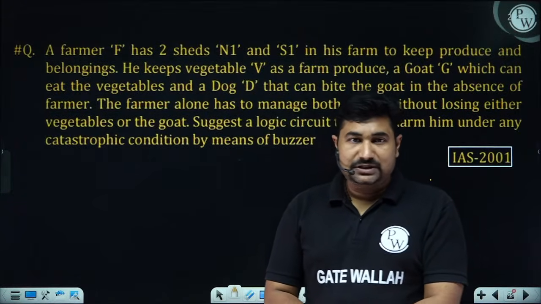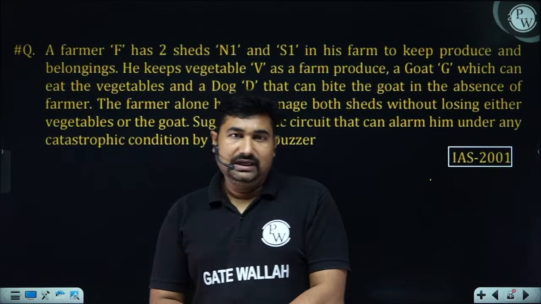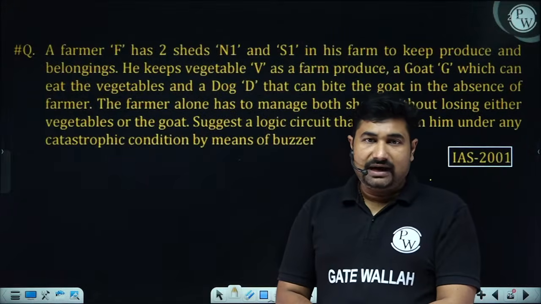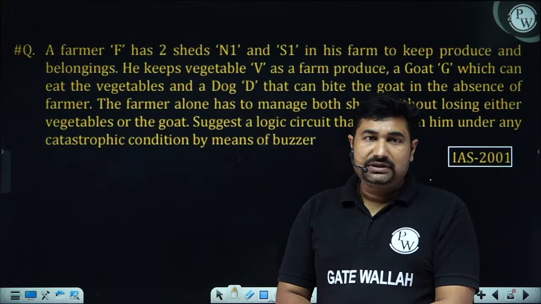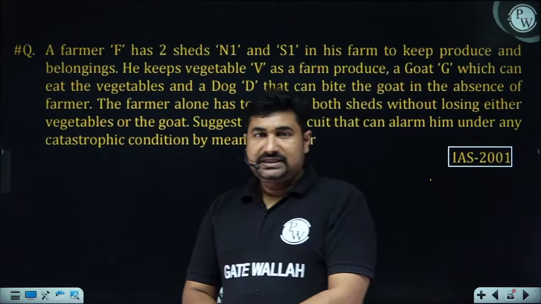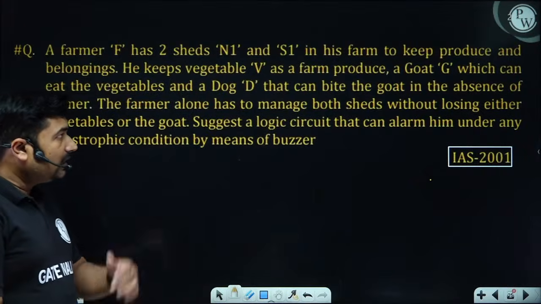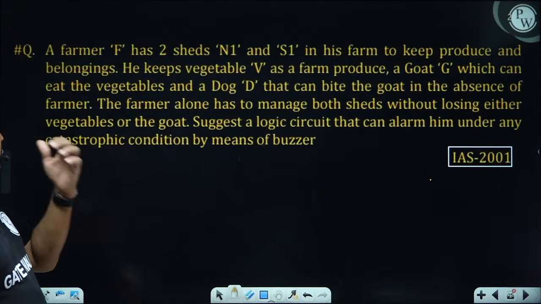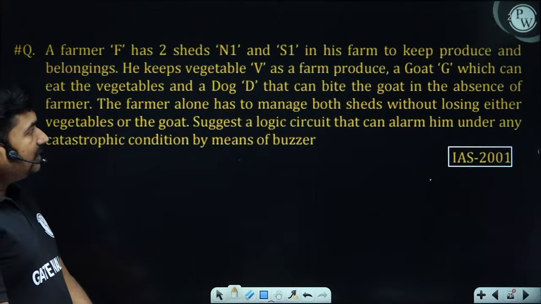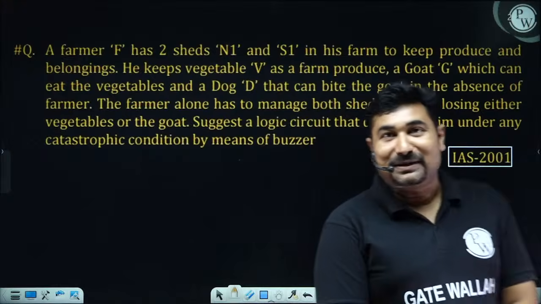Please observe this question. A farmer has 2 sheds, N1 and S1. In his farm, to keep produce and belongings, he keeps vegetable V as a farm produce, and a goat G which can eat the vegetables, and a dog that can bite the goat in the absence of the farmer.